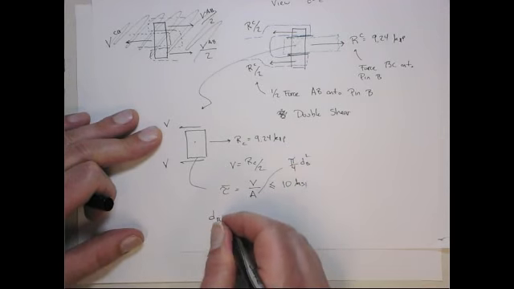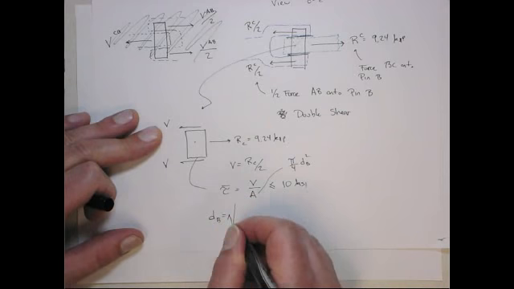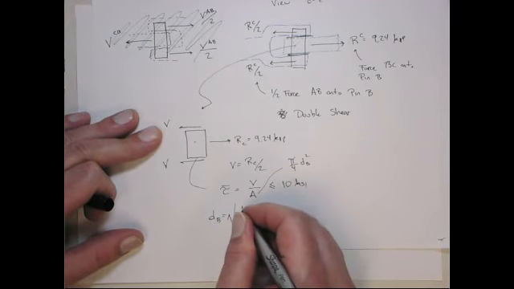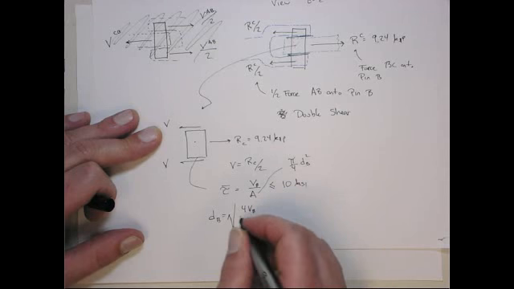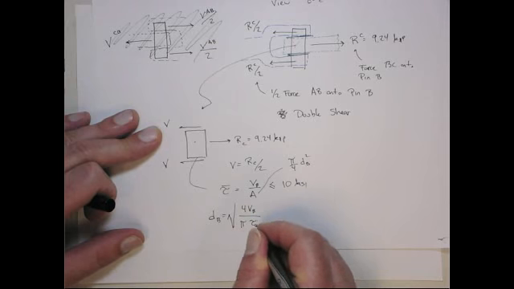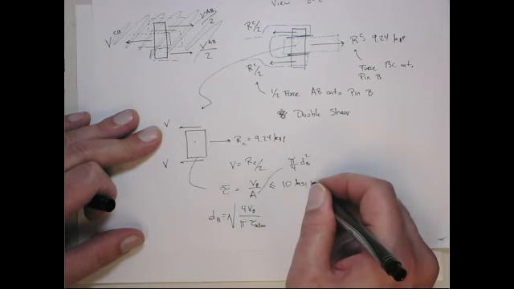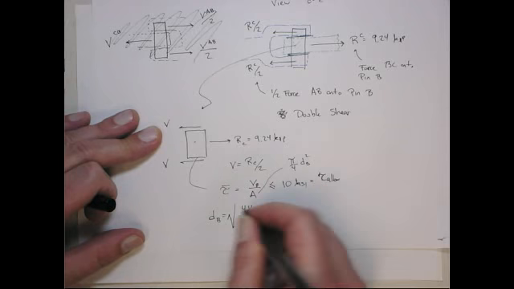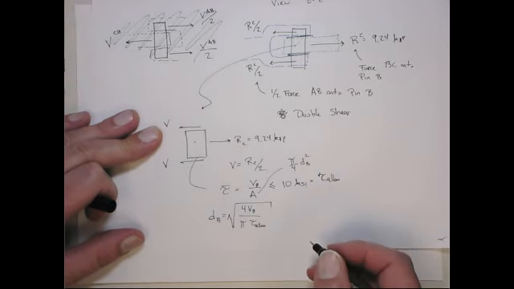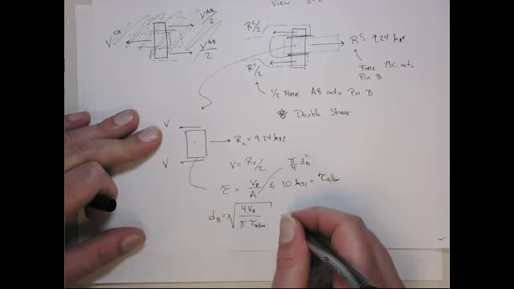So the diameter at B is the square root of 4 times the V at pin B over pi times the allowable, tau allowable.